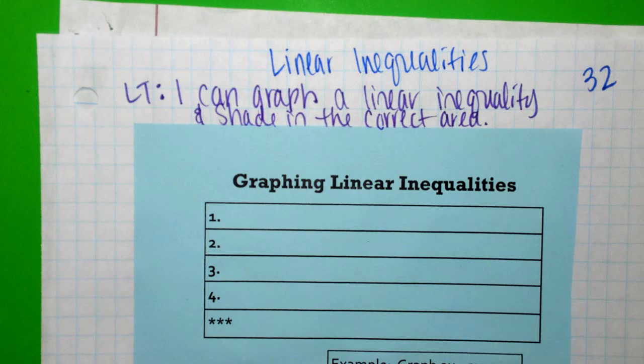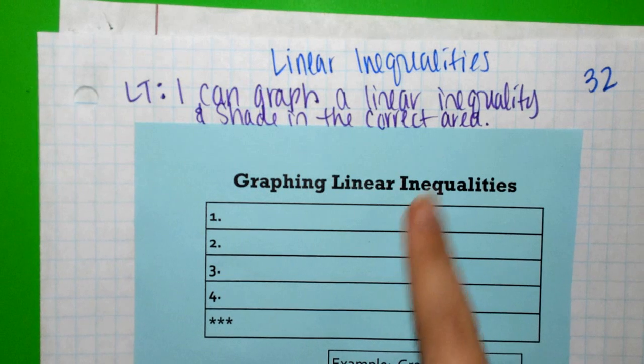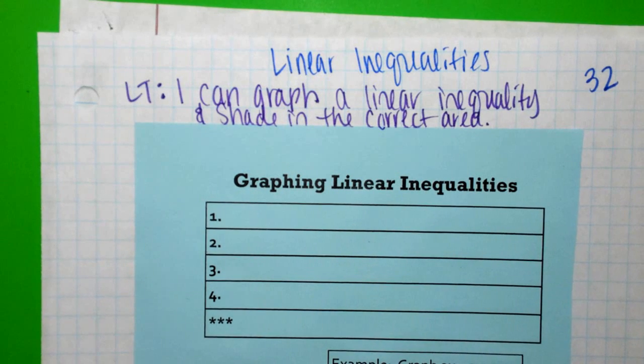So is this level 1, level 2, or level 3? Level 2. I think it's a 2 or a 3. I think once we get to the shading, it's going to be a level 3 because you have to think about where you're going to do that. But level 2 is a skill, and graphing is a skill.